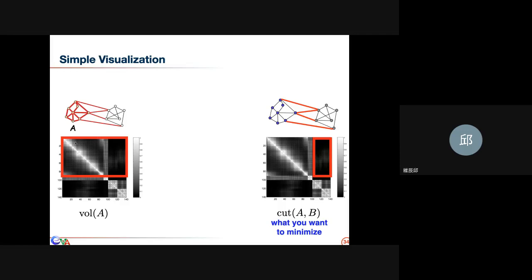In this similarity matrix, this area is related to the volume A, and this area is related to the cut cost that you want to minimize.